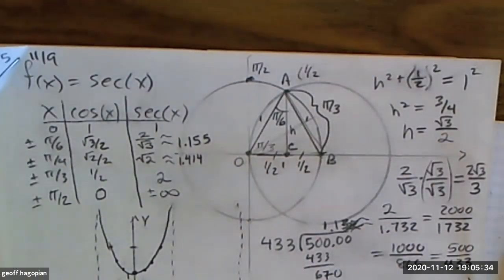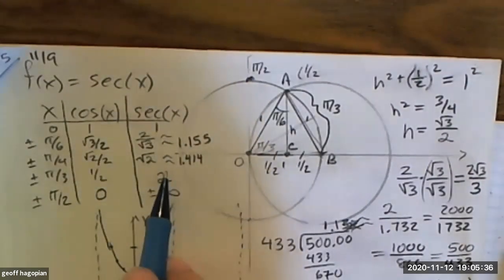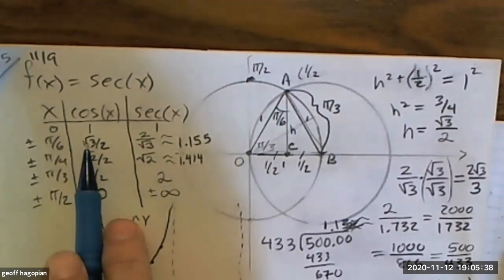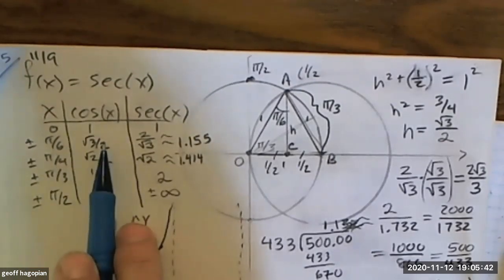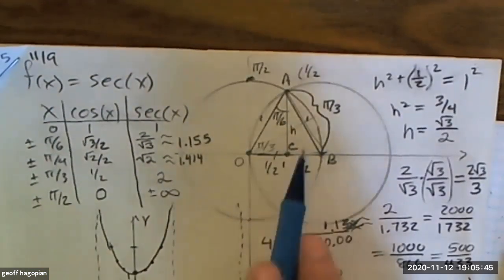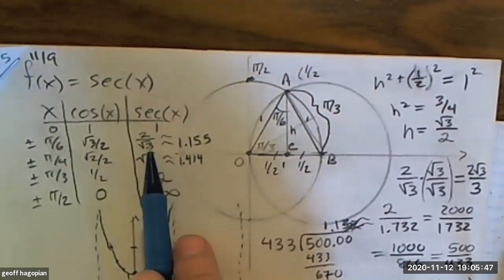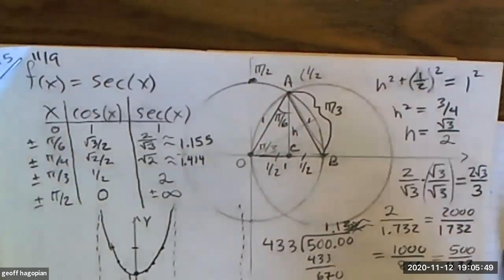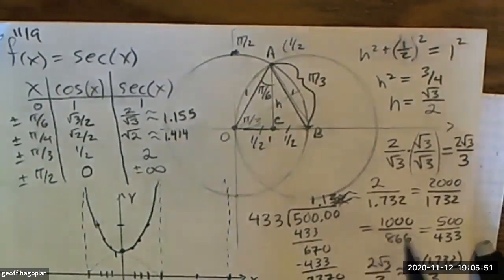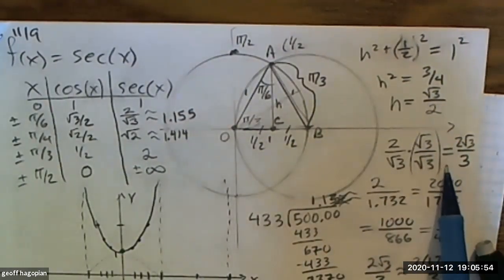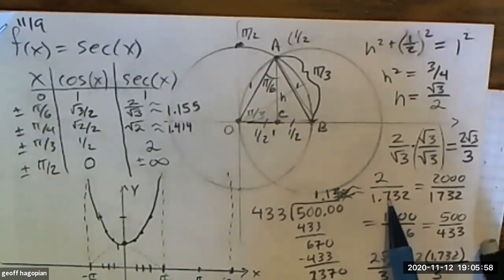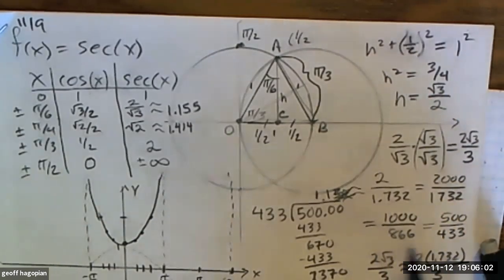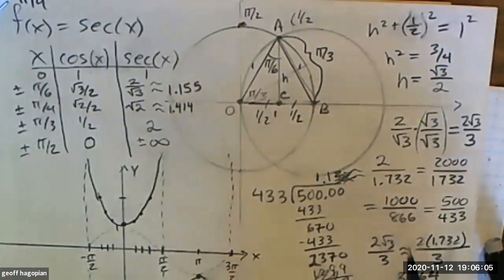Okay, so we were looking at the secant function, which is the reciprocal of cosine. So we have the reciprocal of, say, the cosine of pi over 6, which is square root of 3 over 2, right? That'd be 2 over the square root of 3. And we talked about how computing 2 over the square root of 3, if you were to approximate the square root of 3 as a 4-digit approximation, would lead to a long division, very difficult.